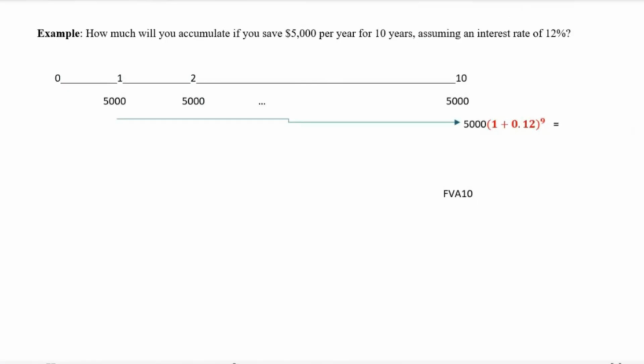The first 5,000 will turn to 865.39 if you round it to the cents.